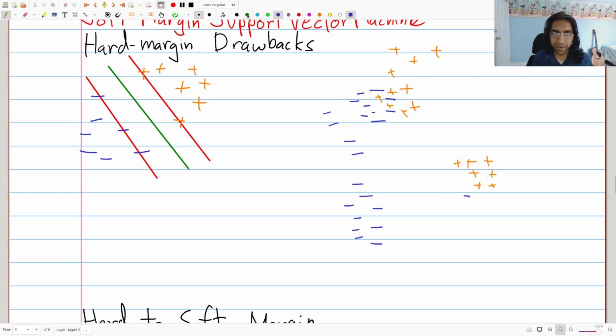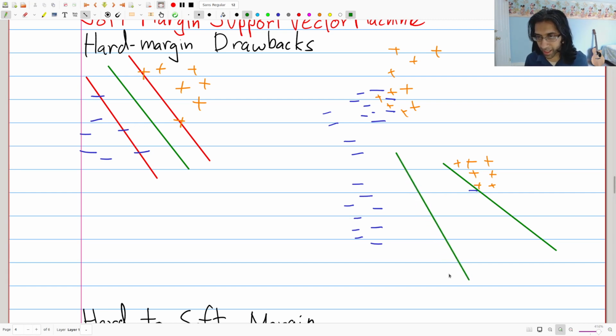Let me draw it even more extreme, one point over here. In this case, our resulting SVM solution would be something like this, which is not that desirable because maybe you'll still think, okay, maybe there's just an outlier or something that went wrong, and actually a better separating hyperplane would be something like this. That would be much more desirable.